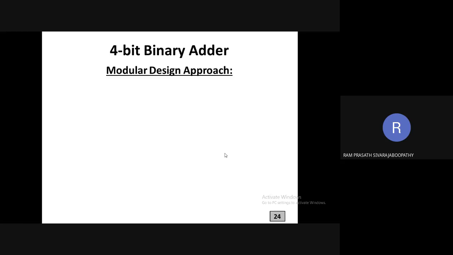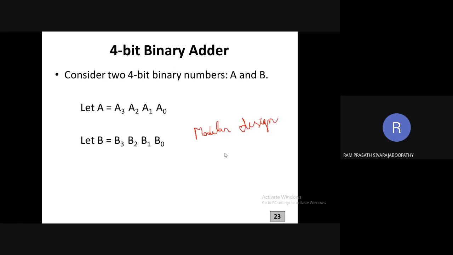First, what are the least two digits? In the 4 bits, look at the least digits. A's least digit, B's least digit, what are they? Least bit, LSB. What are the LSB values of the numbers A and B? A0 is for A, B0 is for B. Very good.